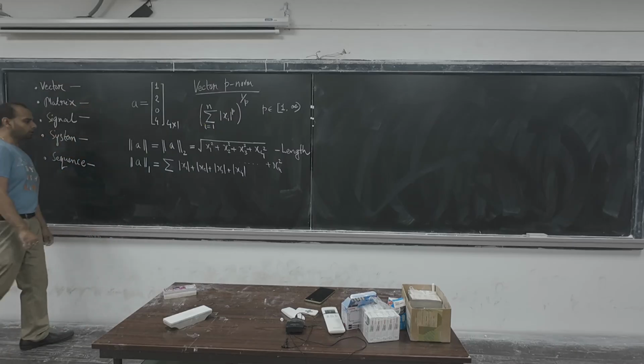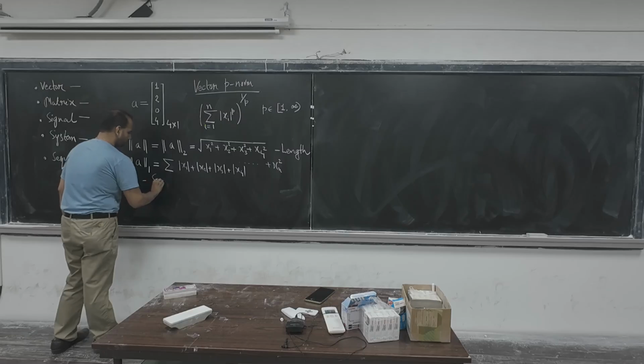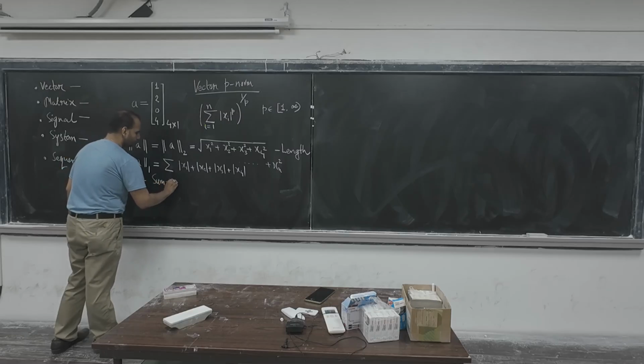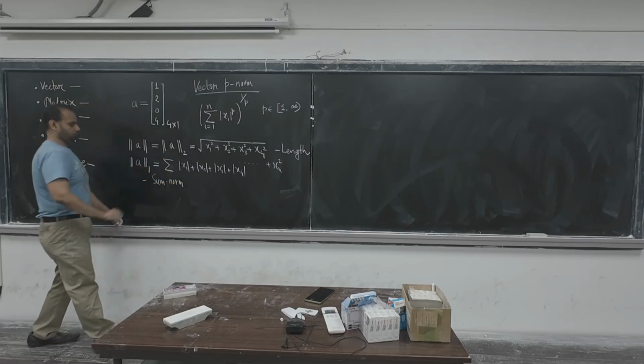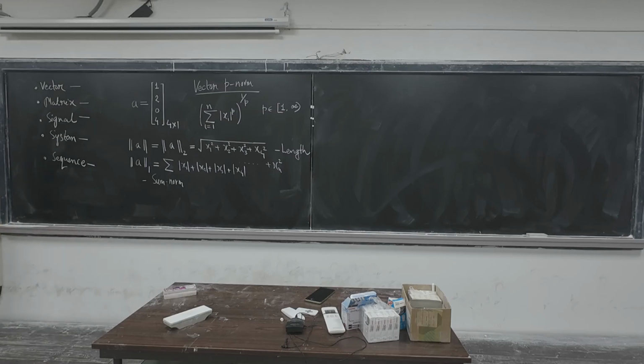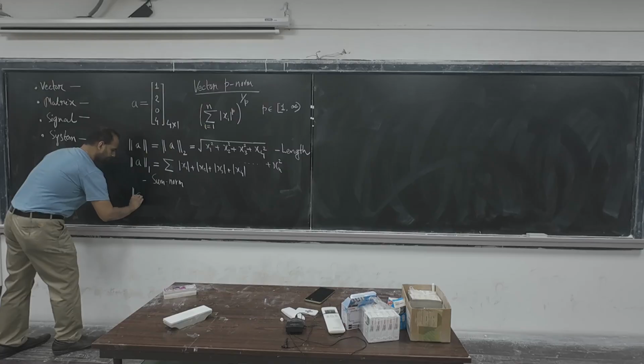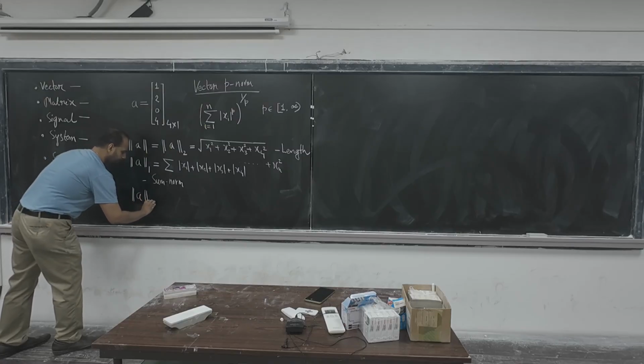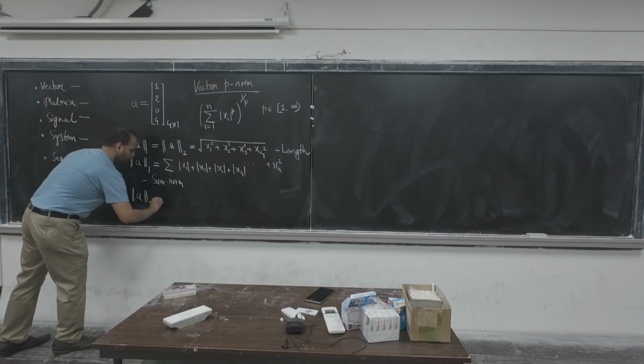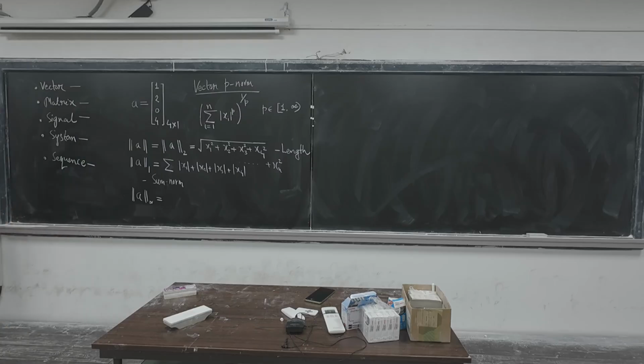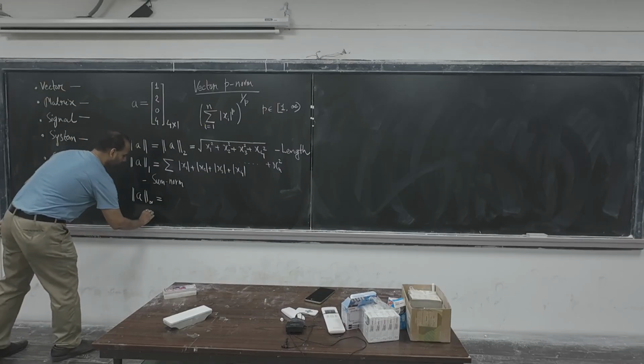So this is also called the sum norm or absolute sum norm. Then the infinity norm, which we sometimes also call the max norm, right? Infinity norm or max norm.